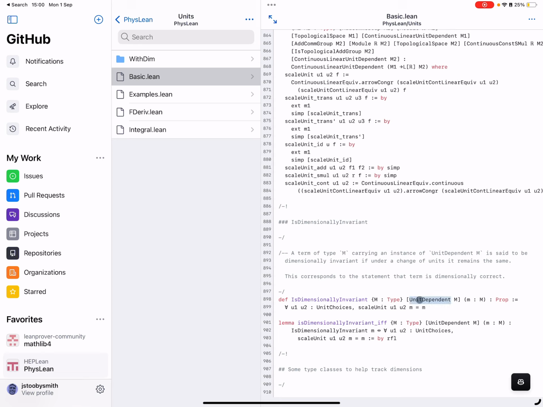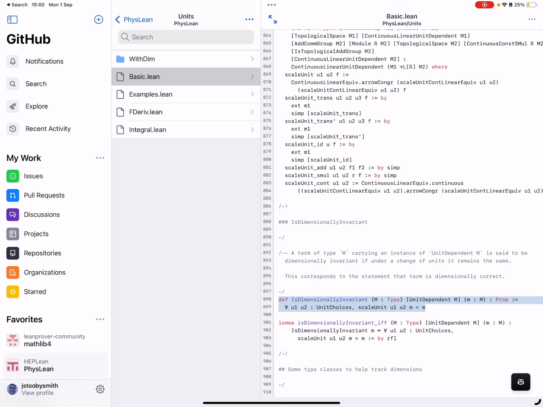Because a proposition that depends on arguments which carry dimensions, or are unit dependent, is unit dependent. And this proposition here is the statement that the function is dimensionally correct. So this is dimensionally invariant. It's really the proposition that if this is true, then your proposition is dimensionally correct.